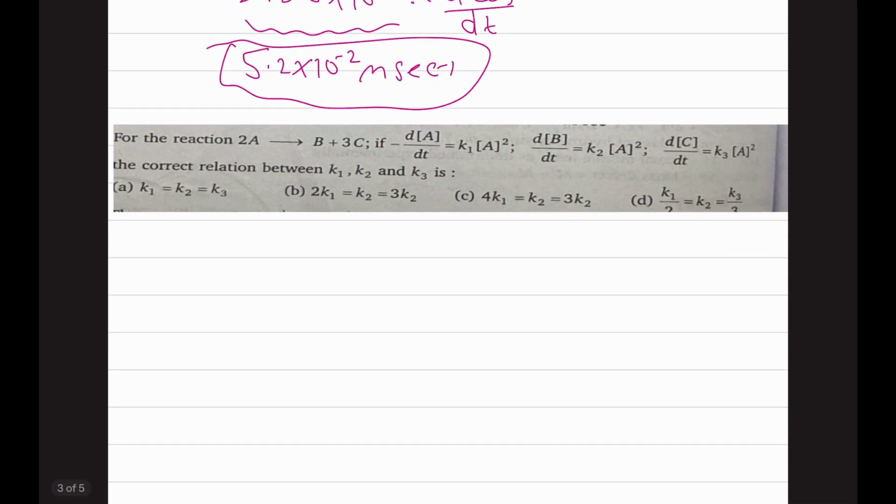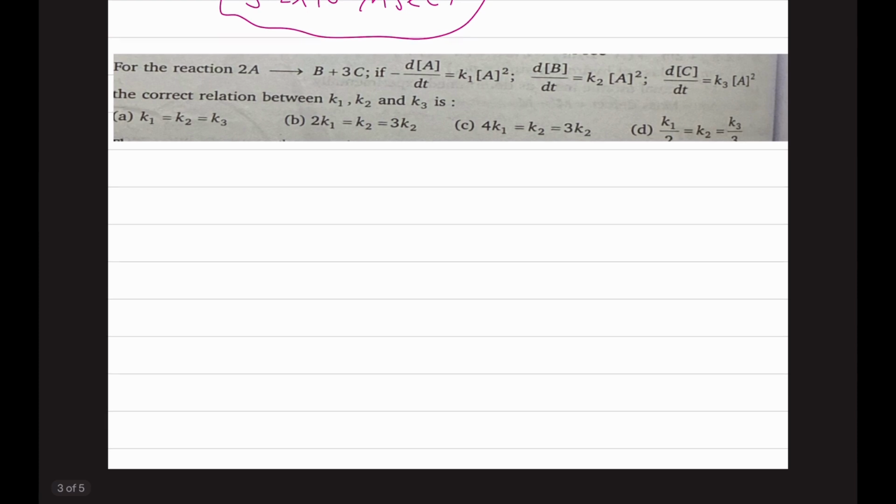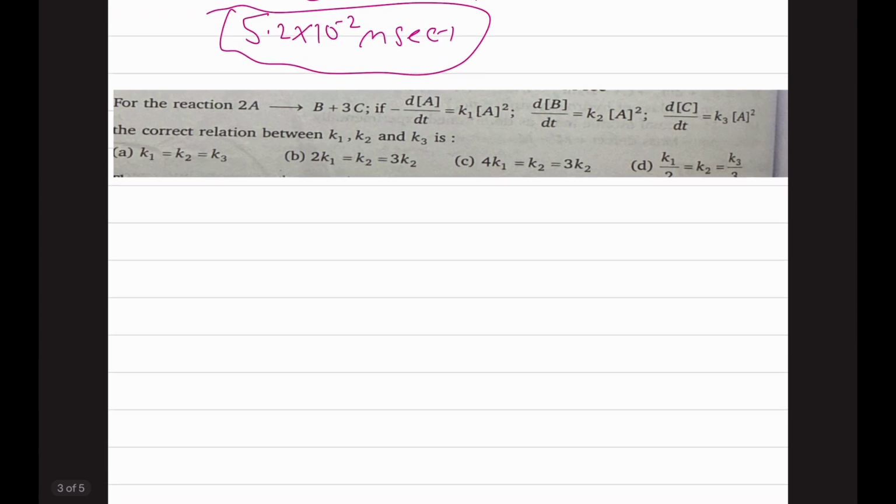Next question. Just see, this question is also based on rate of reaction, expression of rate and rate law. Here I am writing 2A gives B plus 3C.